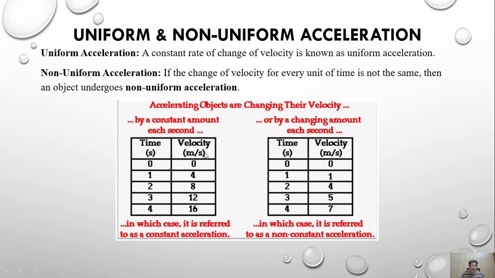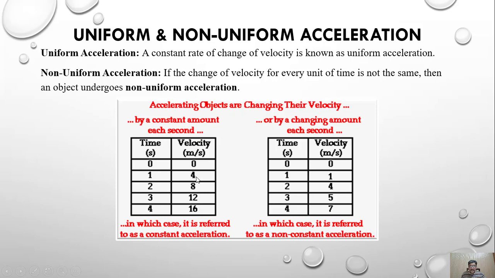If you see this table, at time 0 seconds velocity is 0 meter per second. After 1 second, velocity is 4 meter per second. After another 1 second, at time 2 seconds, velocity is 8 meter per second. If you take the difference of the first and the second, there is a difference of 4.